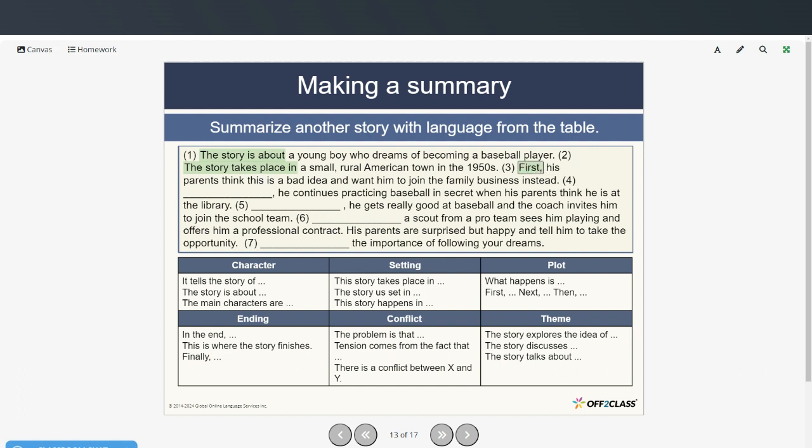First, his parents think that this is a bad idea and want him to join the family business instead. Tension comes from the fact that he continues practicing baseball in secret when his parents think he's at the library.